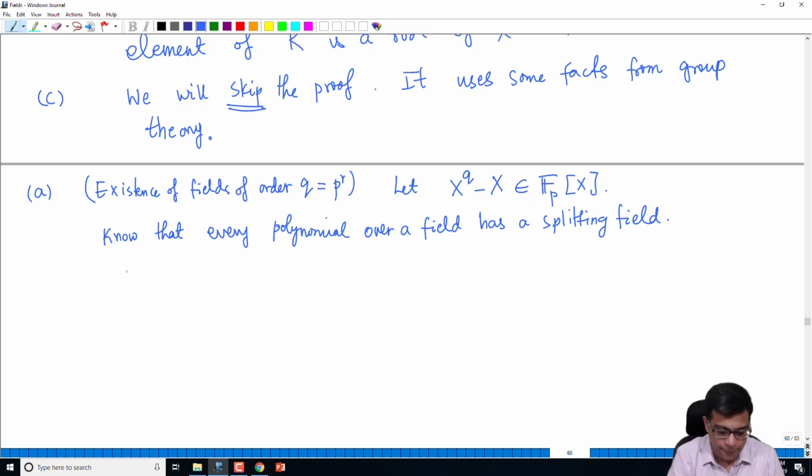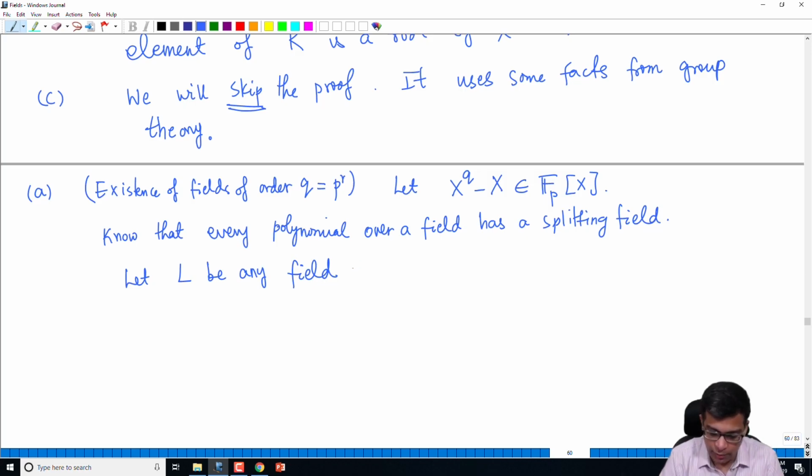So let us take some splitting field. So let L be a splitting field. Actually, we do want to take a splitting field, but I will state it like this so that it becomes slightly easier to understand what I am saying.